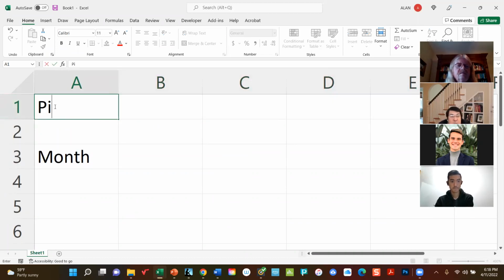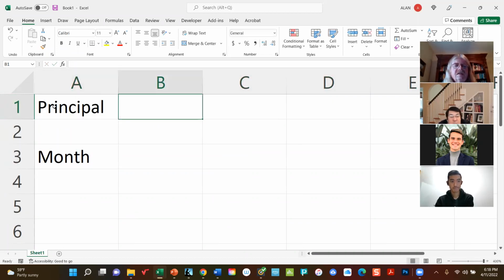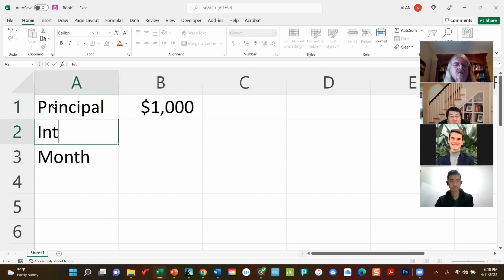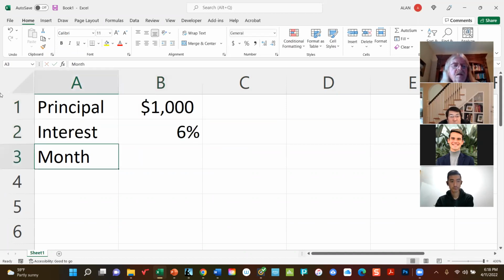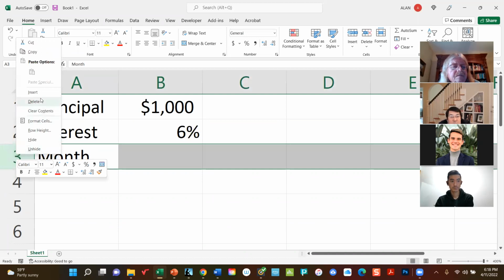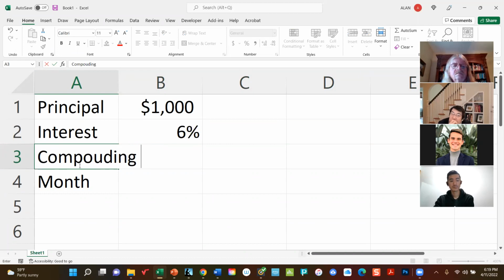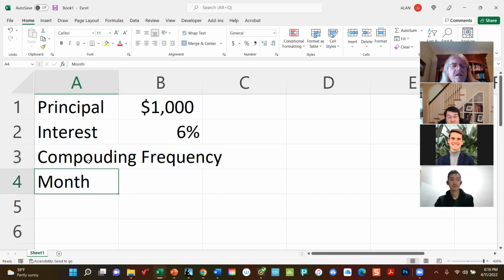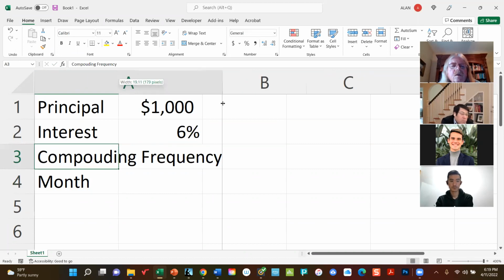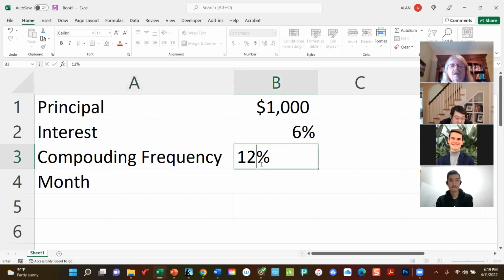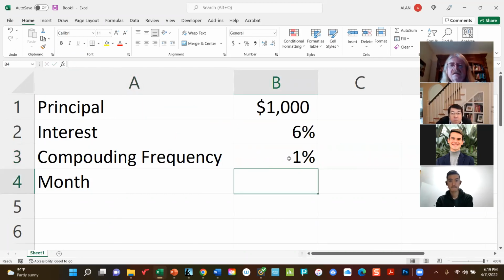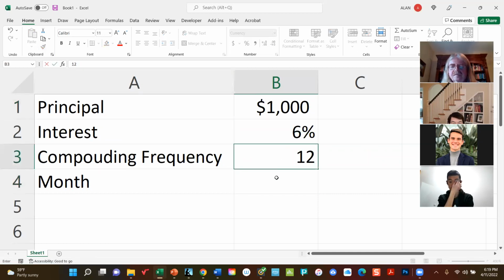The principal is 1,000. The interest is 6%, but the compounding frequency is 12 times a year, or monthly. So I'll put it at 12 to indicate that it is 12 times per year.